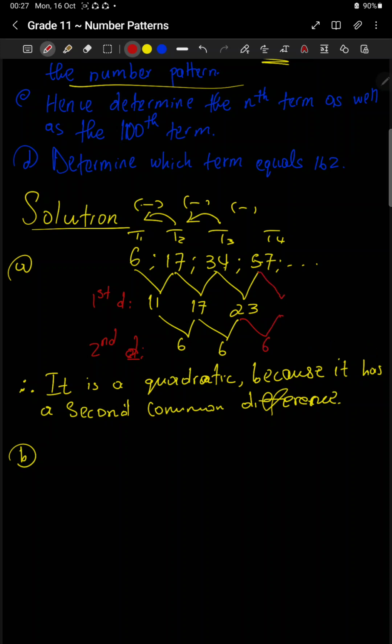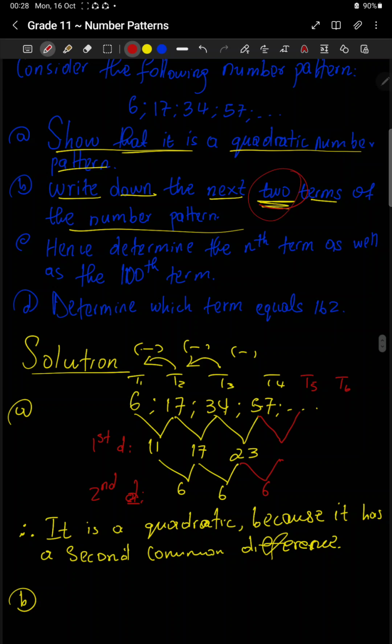So, and then it's 6. So that means, okay, let me teach you this part. How do we then get the next term here? It's easy, because to get the next term here, that means we are looking for T5 and T6, because they say the next two terms.